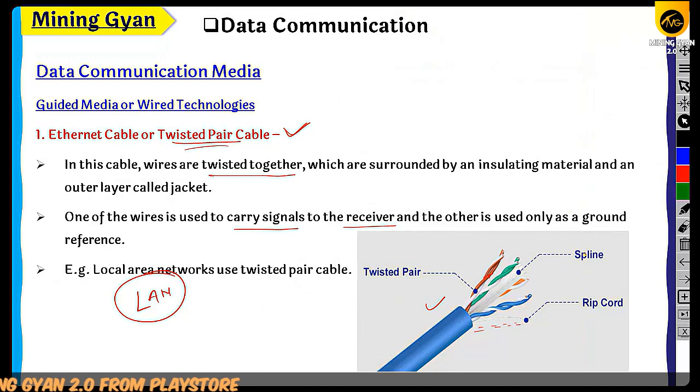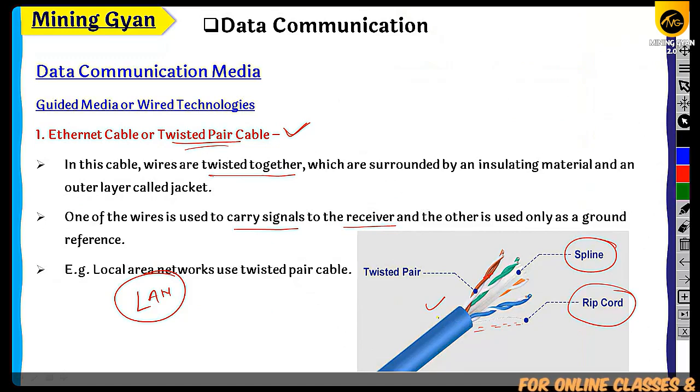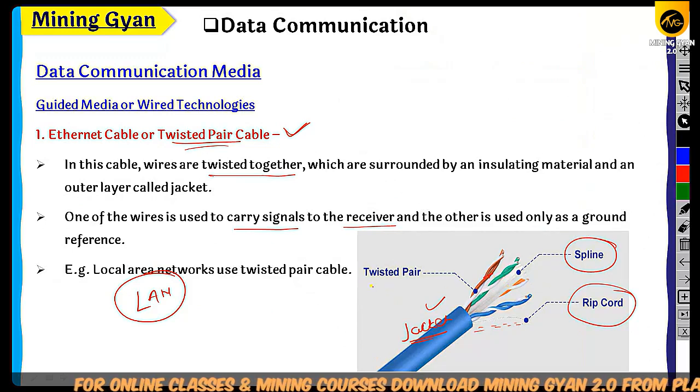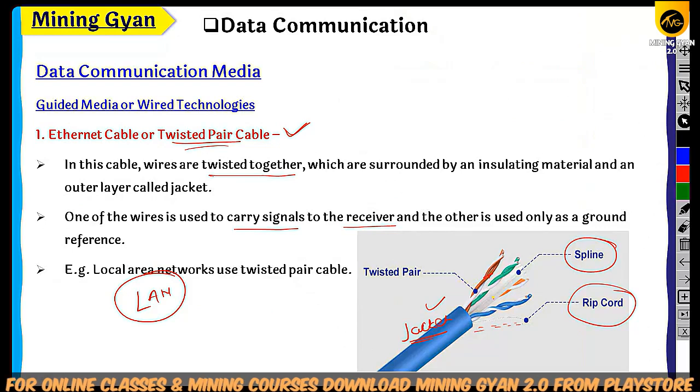Basically, the splines are used to separate these twisted pairs from one pair to another pair.